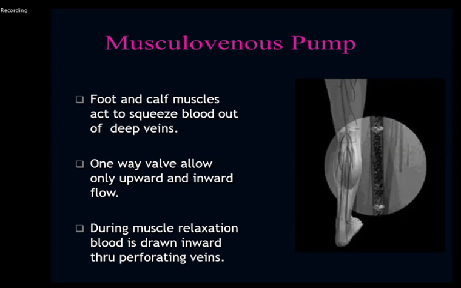So this musculovenous pump is located in the foot and calf muscles, and when they contract, they squeeze the blood out of deep veins. And there is a one way valve. They only allow blood flow in one direction, that is upward and inward flow. During muscle relaxation, blood is drawn inward through the perforating veins.